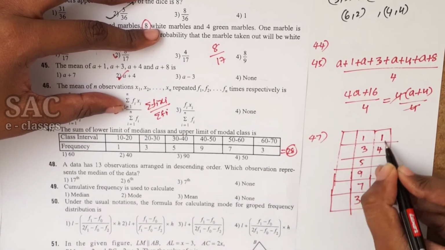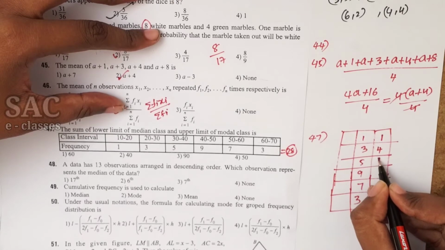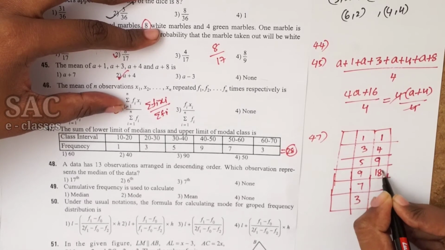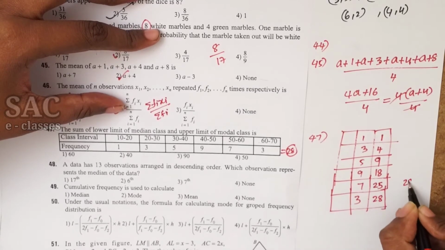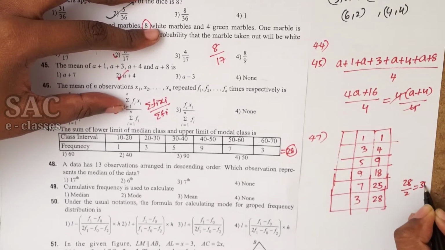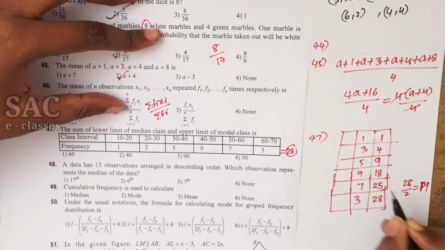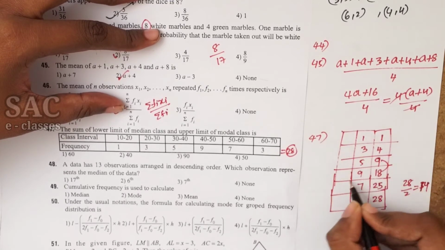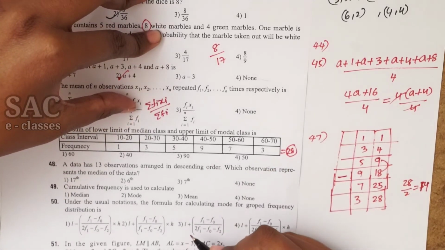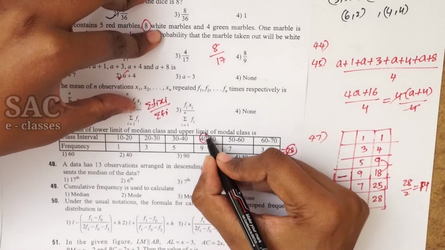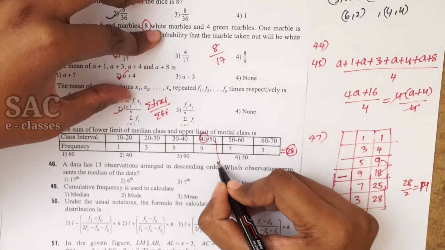We are going to write the crisscross way. Now 28 by 2, which is equal to 14th one. 14th one means it is the 4th class interval, which is the median class.